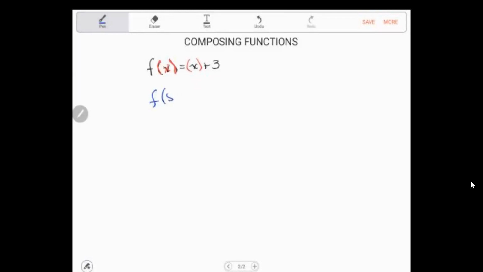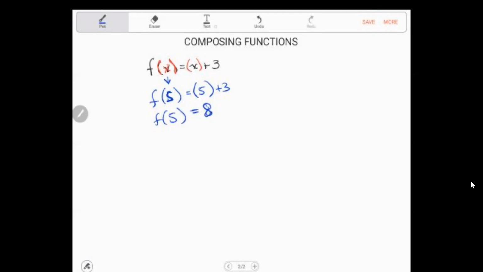What is f of x when x equals 5? What is that going to look like? And we said, well, that's simple. Since I replaced this x with a 5, I'm going to replace this x with a 5 and add 3, and that's going to give me 8. So a function with an input of 5 is going to give me an output of 8.